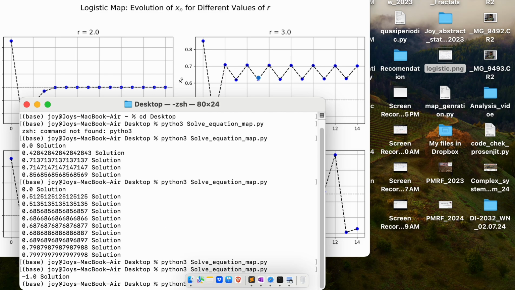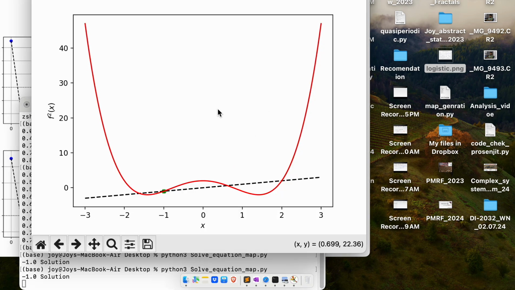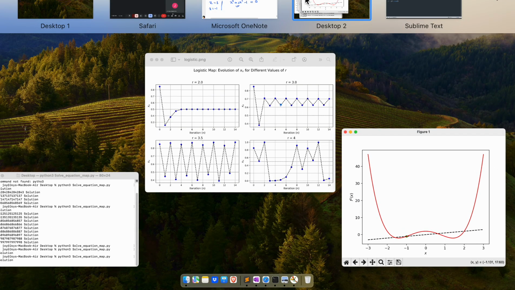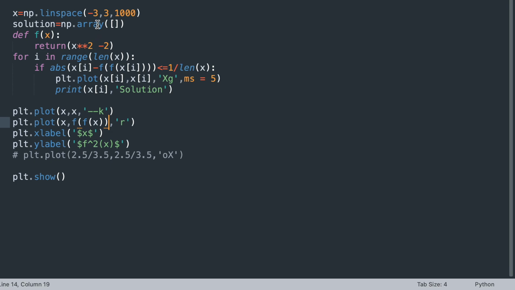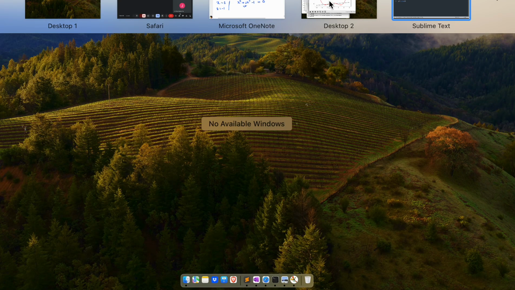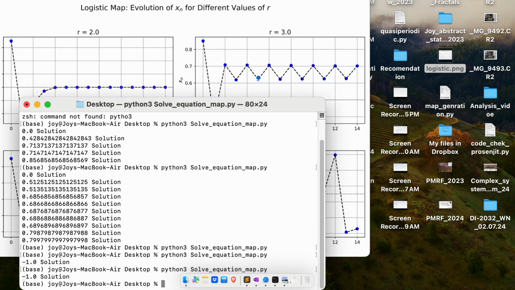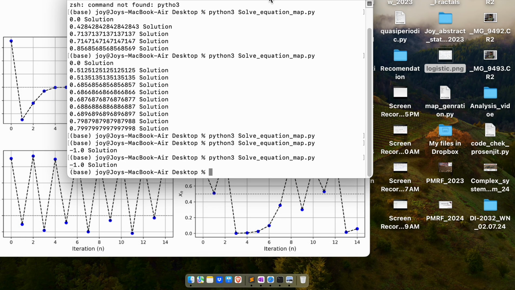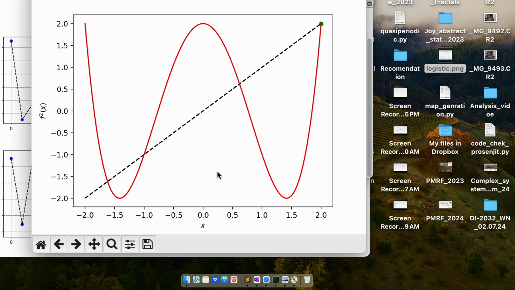Let's solve for minus 2 to plus 2. Okay, now you see here we can see that minus 1 should be a solution.